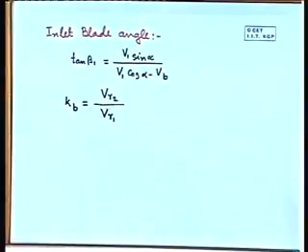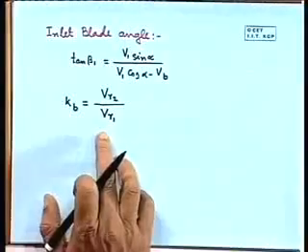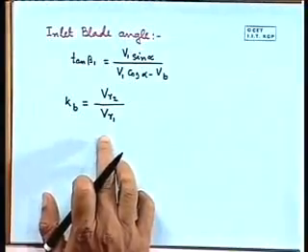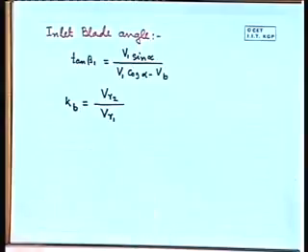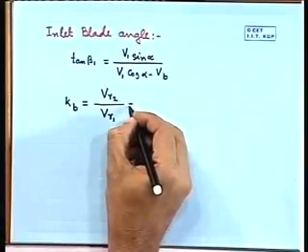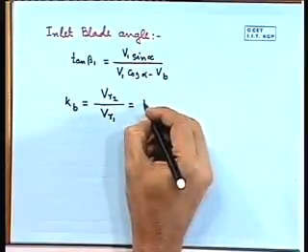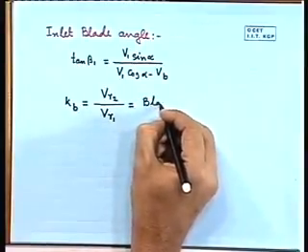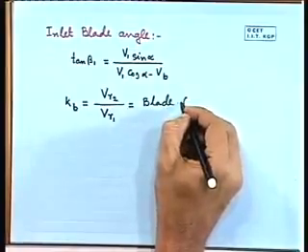This is the relative velocity of steam at the blade exit, and this is the relative velocity of steam at blade inlet. This Kb is conventionally known as the blade friction factor.